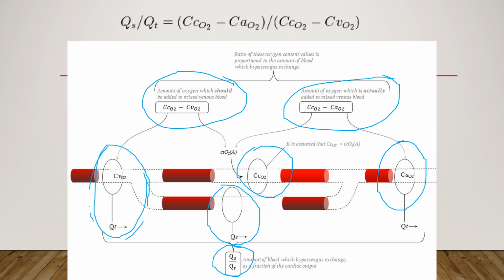If we take both these values and then substitute them into the equation, we can then figure out what exactly the shunted fraction is.